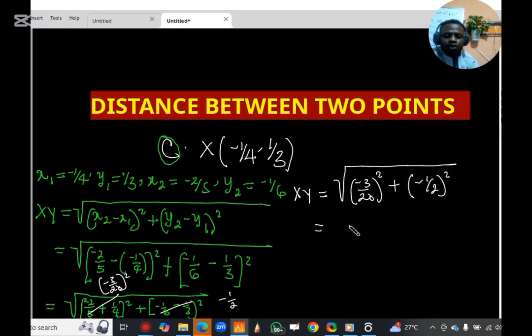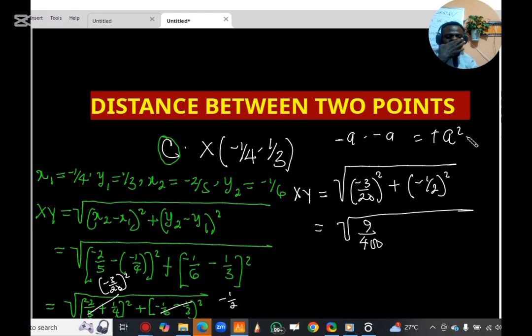Of course, you're going to have 3 squared is 9, all over 20 squared is 400. Don't forget that since we have a negative number all squared, it becomes plus, because negative a times negative a gives plus a squared. So let's continue. Plus 1 squared is 1, 2 squared is 4.